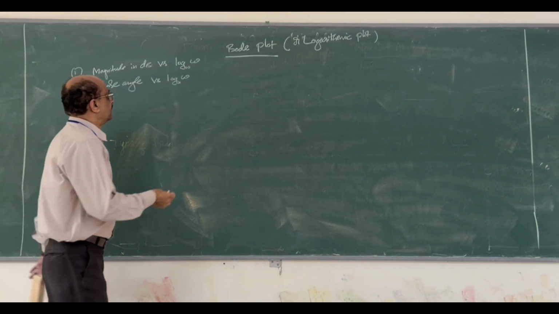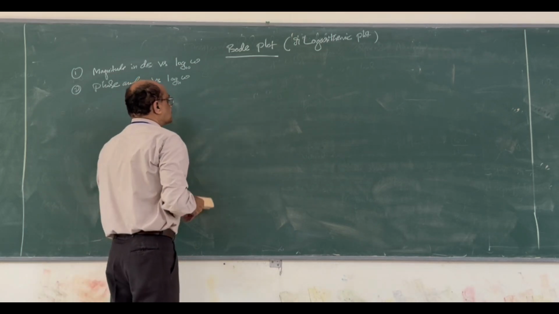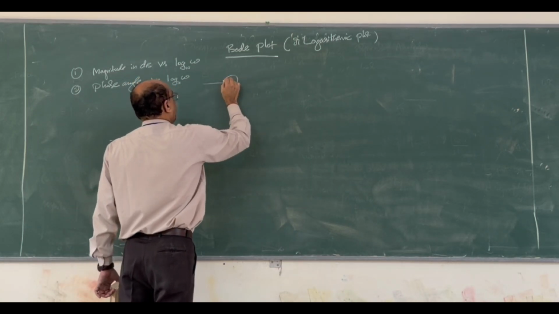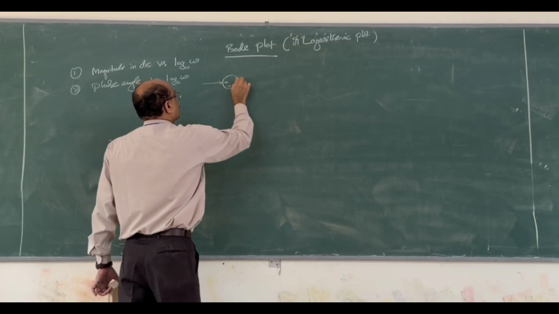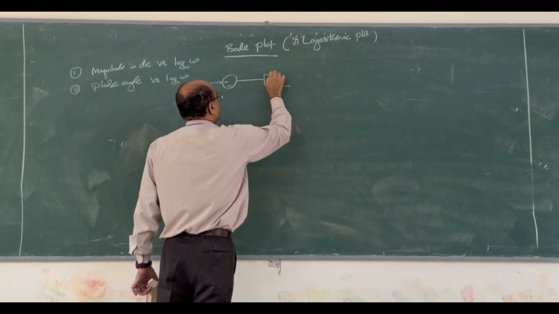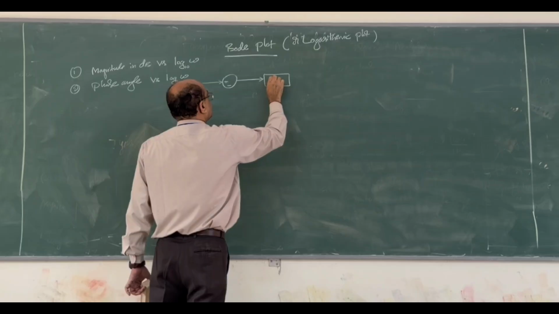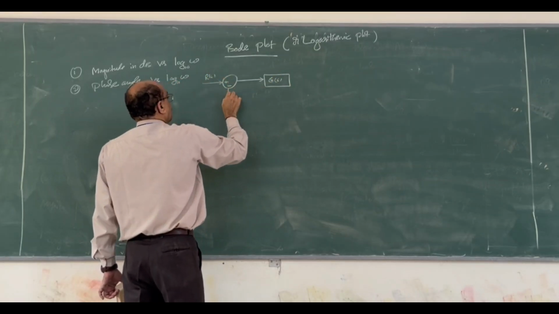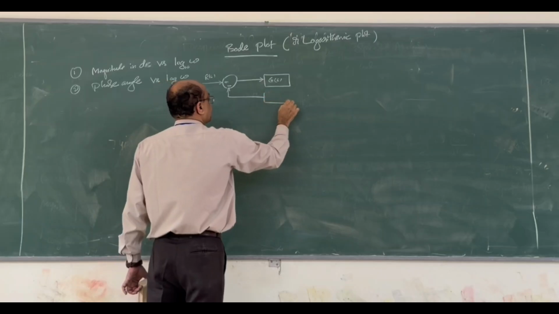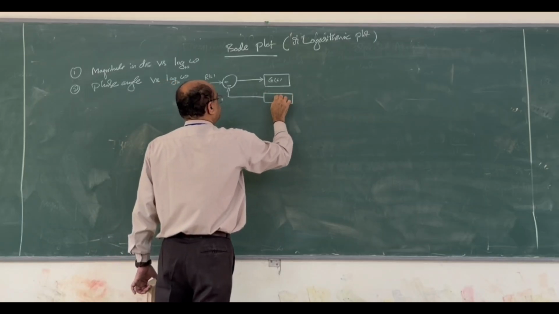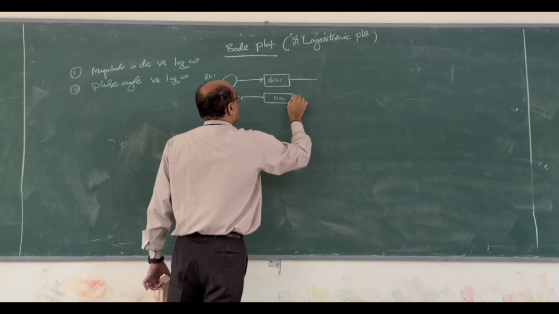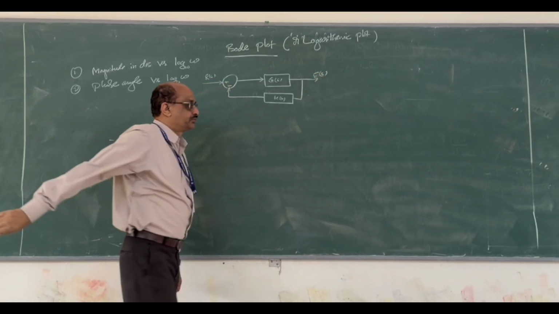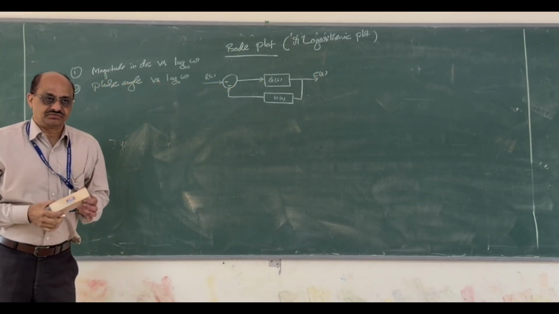So what is it that we are doing? Again I consider the closed loop system. Let me consider the closed loop system having the forward path transfer function G(s), feedback path transfer function H(s), and response in the S domain C(s).